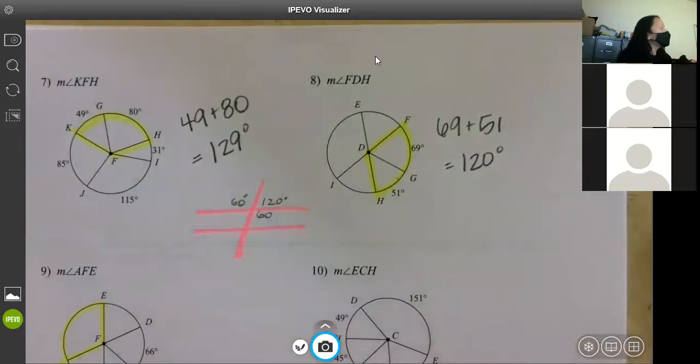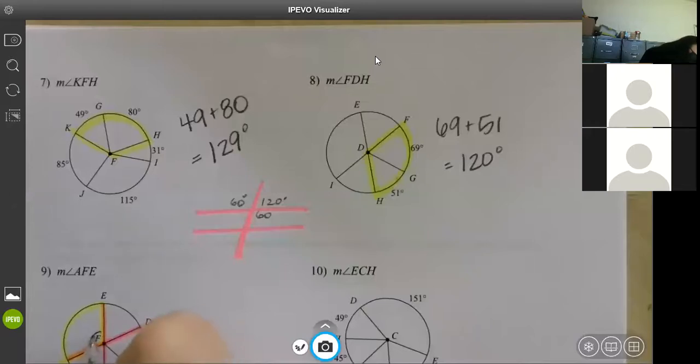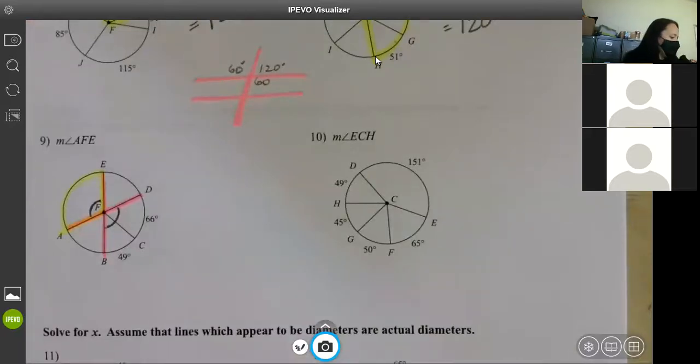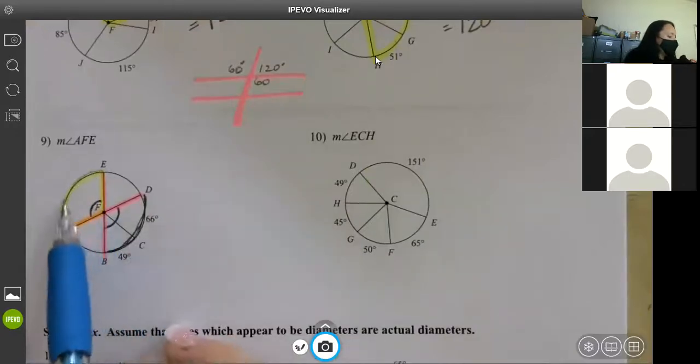Okay, so these are called vertical angles, and any angles that make an X. So you guys see these two diameters in the circle making that X. That means that this angle and this angle are the same. Okay, this angle and this angle are the same. So that means I can find this side right here, and it's going to match this side over here.